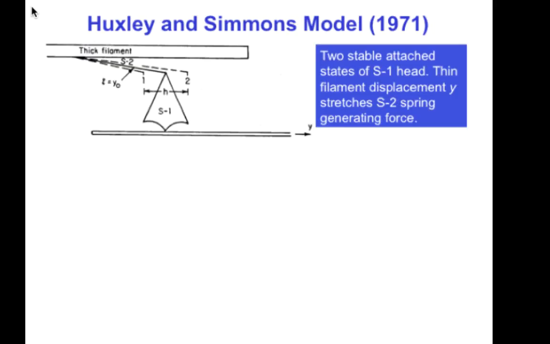And so that gave rise to what's called the Huxley and Simmons model, that is a variation of the original Huxley's 1957 cross-bridge model, where Huxley had allowed that the thick filament could form cross bridges with the thin filament in a kinetic way, in a way that would go on and off in a cycle. And so the cross-bridge cycle is really due to Huxley's theory.